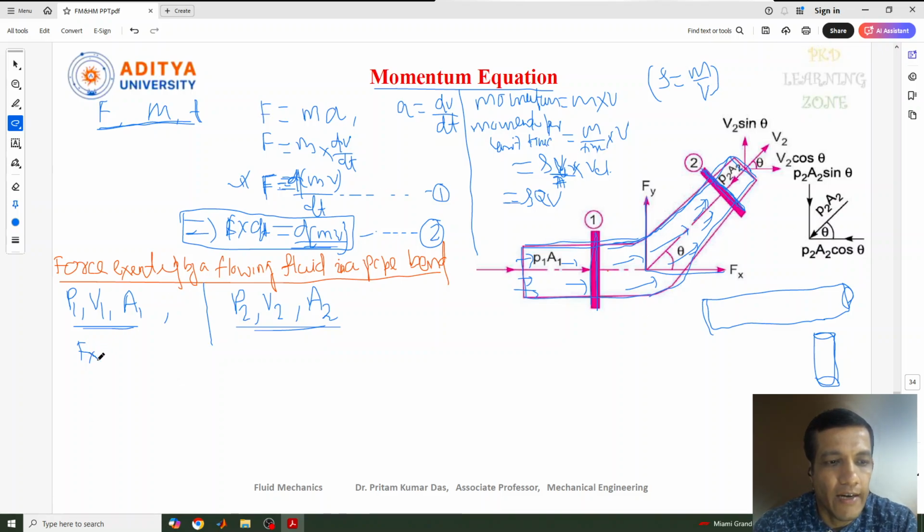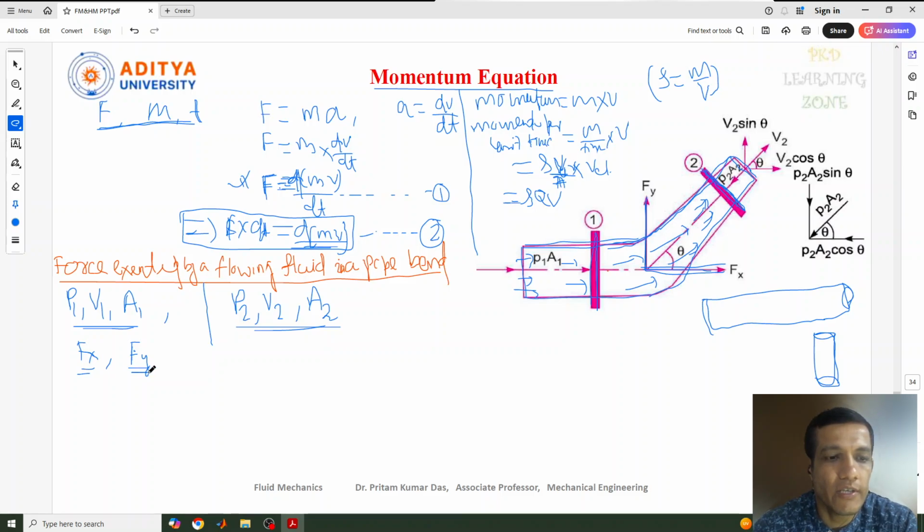So before that, let's find out the force in the x direction and the force in the y direction. Let's consider Fx and Fy are the components of the force exerted by the flowing fluid on the pipe bend in the x direction as well as the y direction.